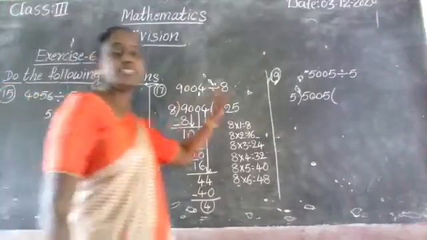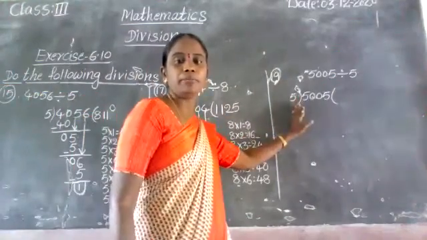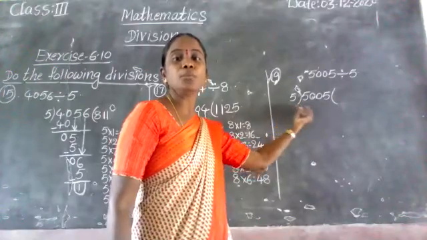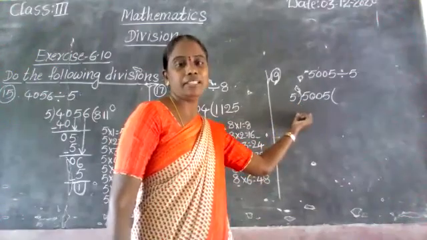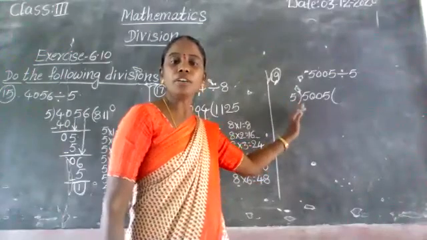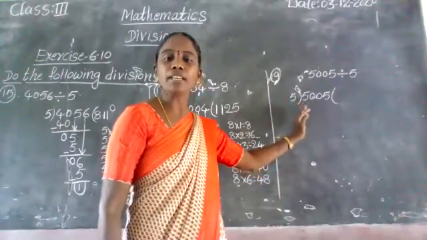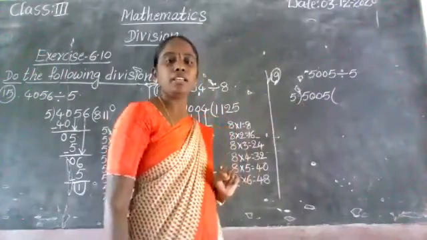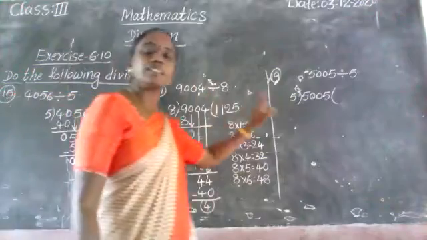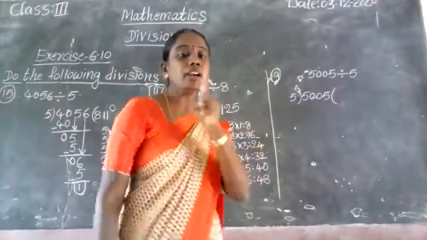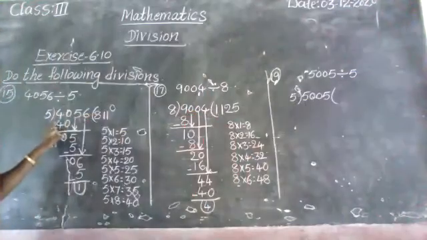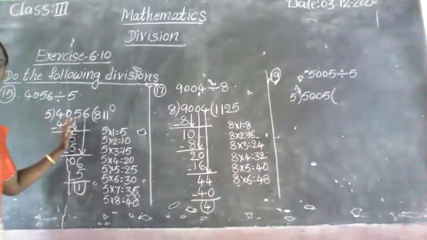Next, in the third problem, the dividend's first number and the divisor are both equal. So what do we do here? We have to take a 1-digit number. When the number is bigger or the same, we take a 1-digit number, but when the dividend's first number is smaller, we have to take a 2-digit number.